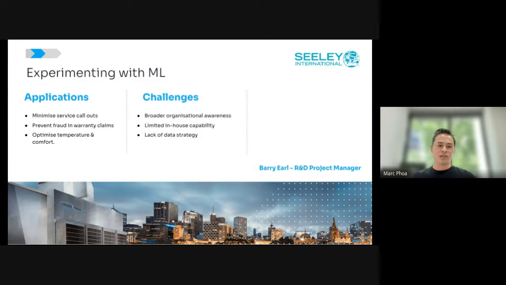Now, in terms of challenges, speaking of Barry, one of the biggest challenges impacting their adoption of machine learning across their business is general awareness of machine learning itself and what it's good at. Whilst they're running POCs in R&D and engineering teams, they can certainly benefit from greater collaboration across the board. The internal ML skills gap we mentioned earlier also contributes to that.